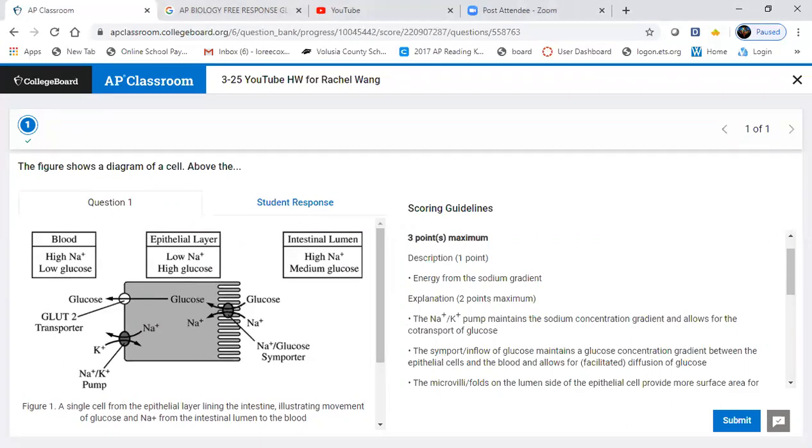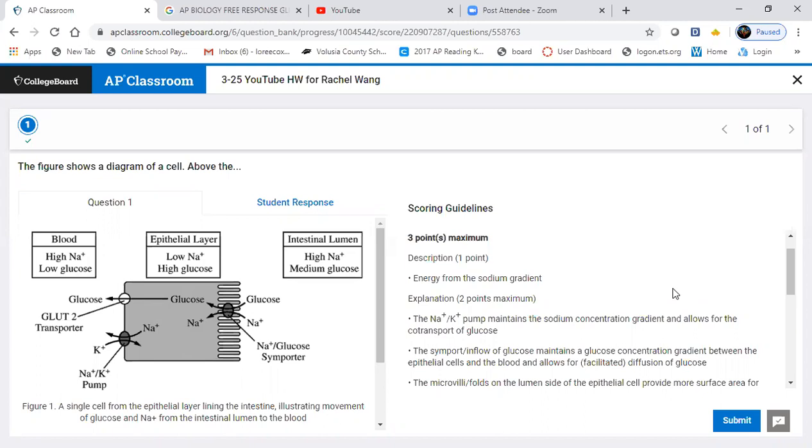Now, if you look at the scoring guidelines, it says energy from the sodium gradient. So the sodium moving from high to low is actually powering the movement of glucose.